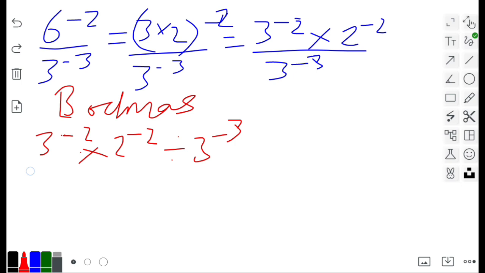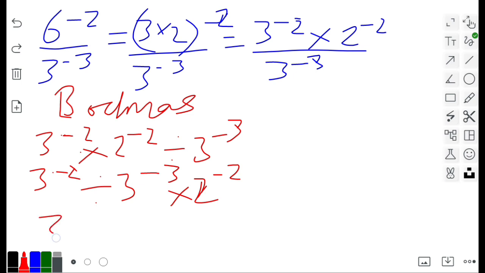So I can express this as 3 raised to the power of minus 2 divided by 3 raised to the power of minus 3, times 2 raised to the power of minus 2. So recall that the division rule in indices changes to minus. So I'll be having 3 raised to the power of minus 2 minus minus 3, let's put this in brackets, times 2 raised to the power of minus 2.